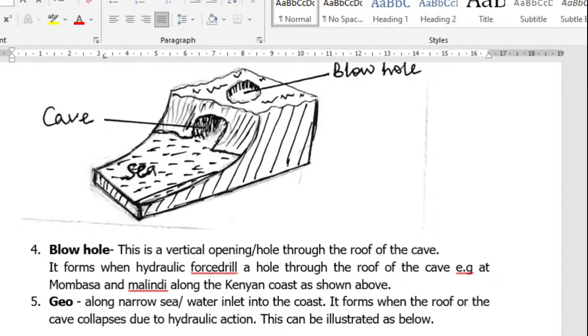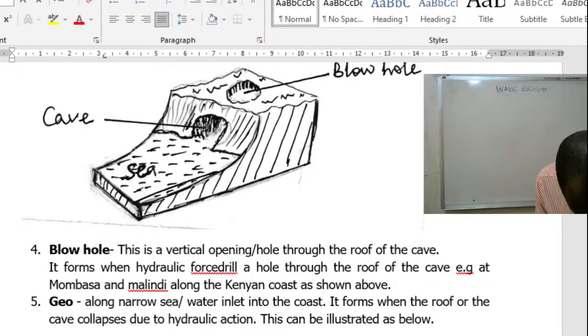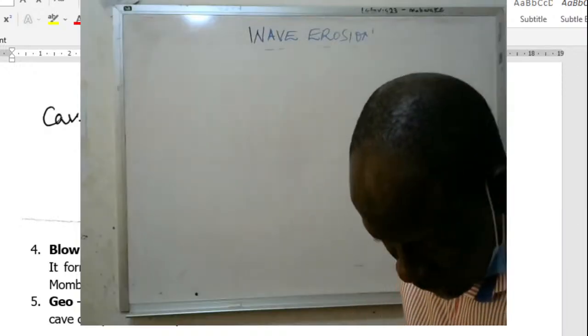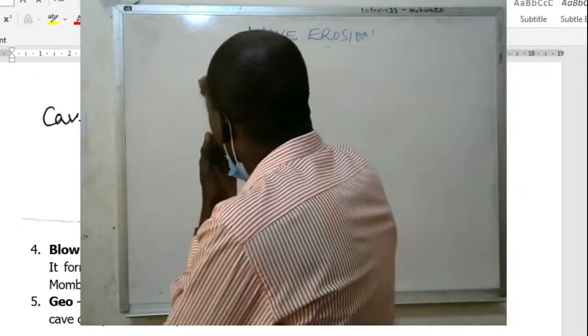And in East Africa, these landforms also exist. Examples that we can look at: we have caves at Kasenyi and Kibanga on the shores of Lake Victoria.